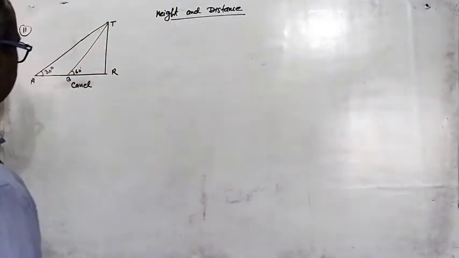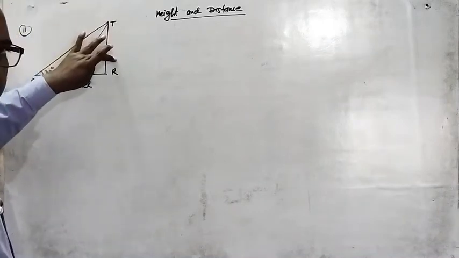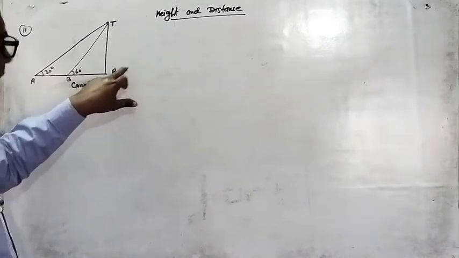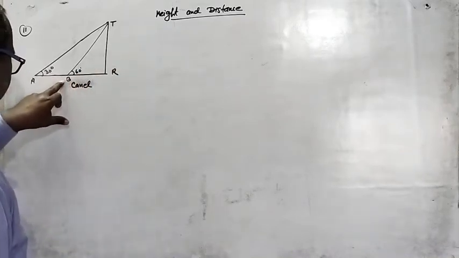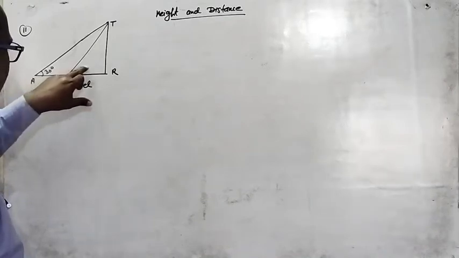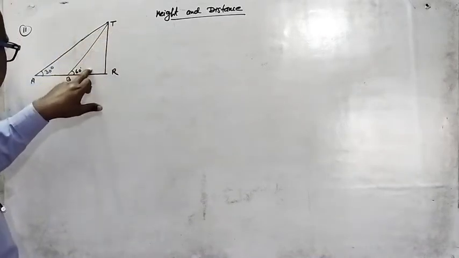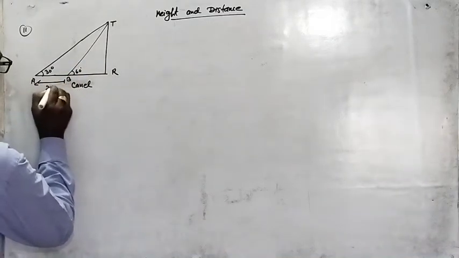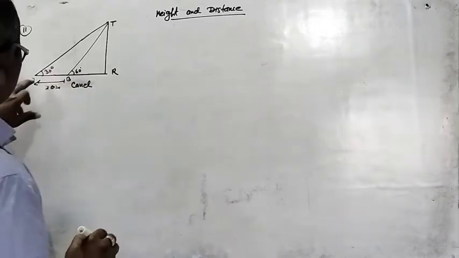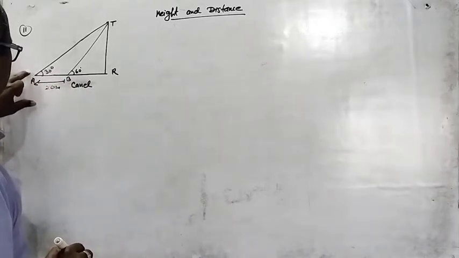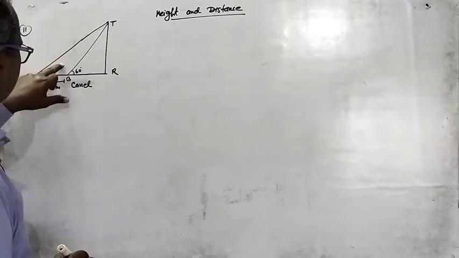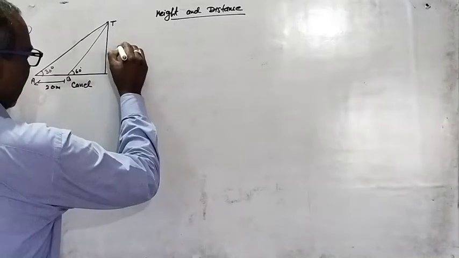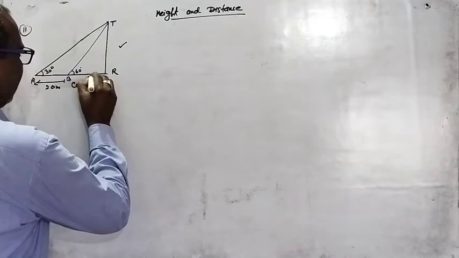Now see, let TR be a tower on one bank of the canal, and on the second bank from B, the angle of elevation of the top of the tower is 60 degree. And 20 meter from B, a point A, and from A the angle of elevation is 30 degree. Now we have to find the height of the tower and the width of the canal.